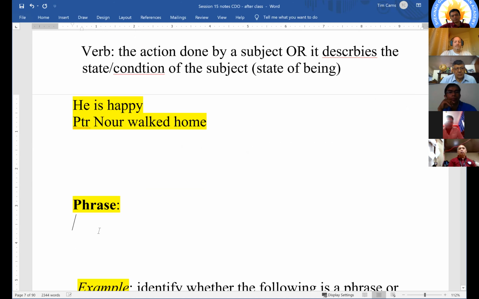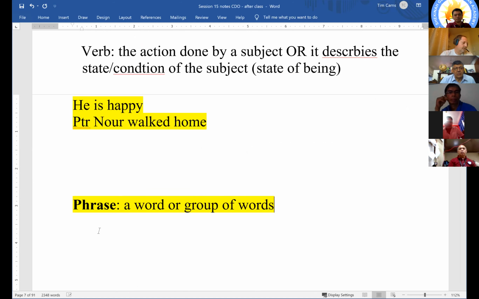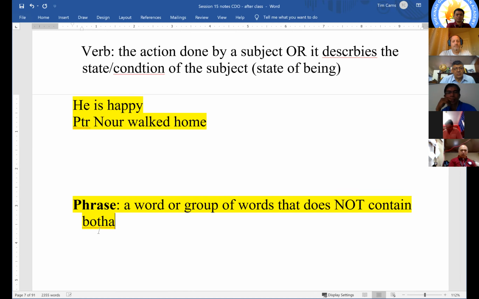Okay, so a clause contains a subject and a verb. Essentially, a phrase is a word or group of words that does not contain both a subject and a verb. So for example, with him.